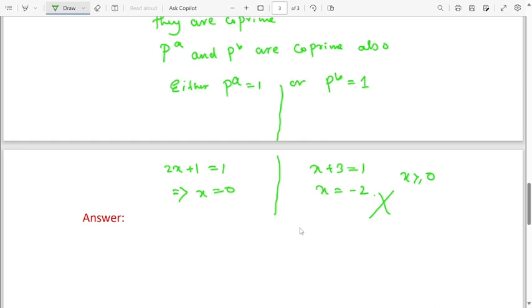So for x equal to 0, what will be the value of p? Okay, we will find this. We are going to use p to the power n is equal to 2x plus 1 times x plus 3. Replacing x equal to 0, that means 1 times 3 is equal to 3. So now p to the power n is equal to 3.